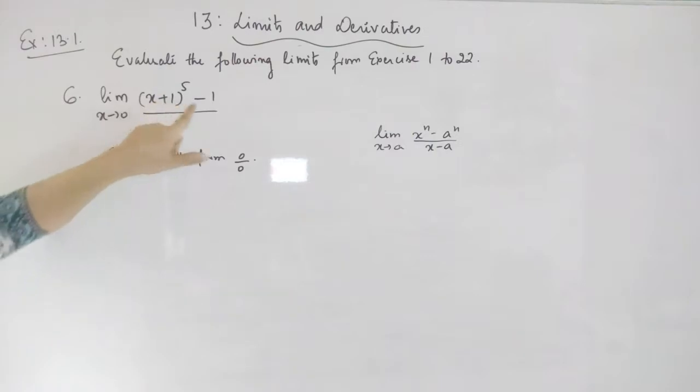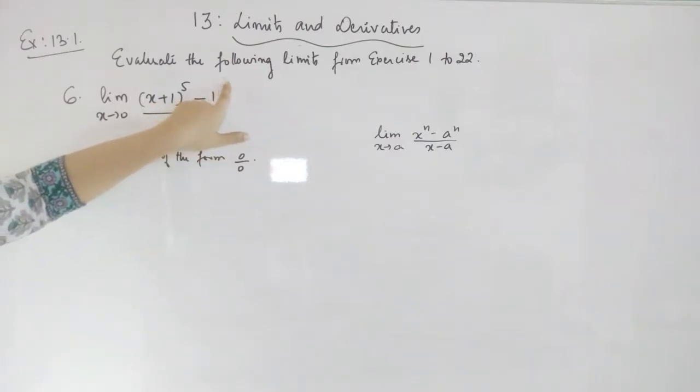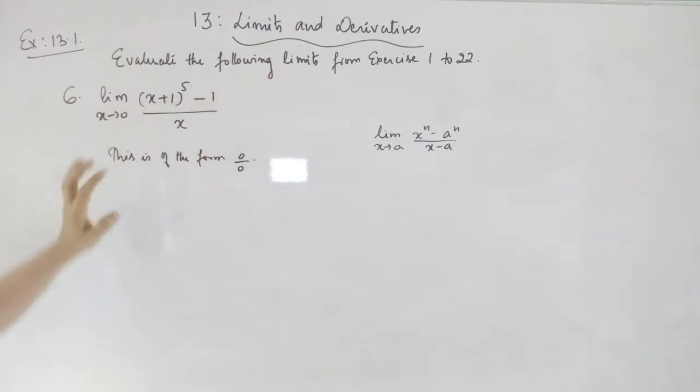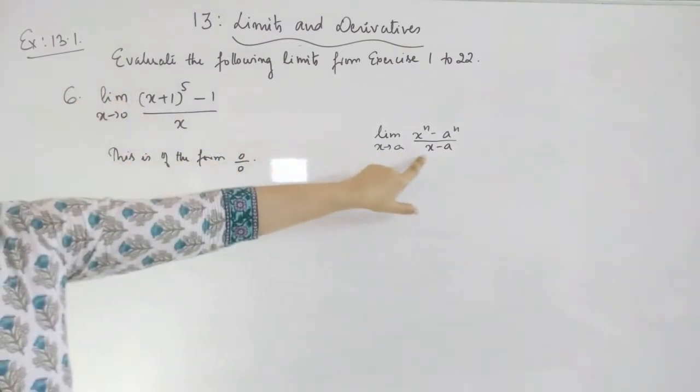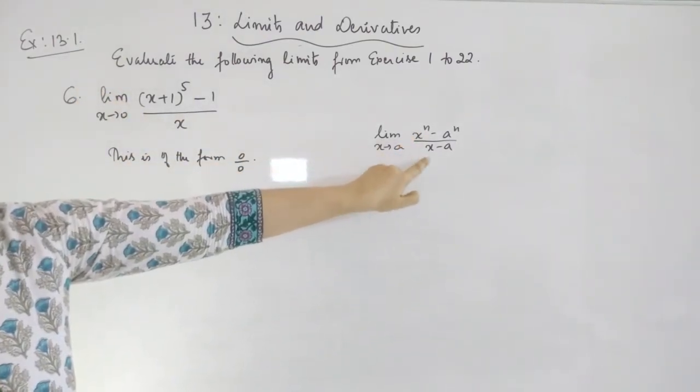And a is 1, so 1 raised to the same power will give you the same value 1. Now the denominator should also be made in the same form. That means whatever is here should be here.